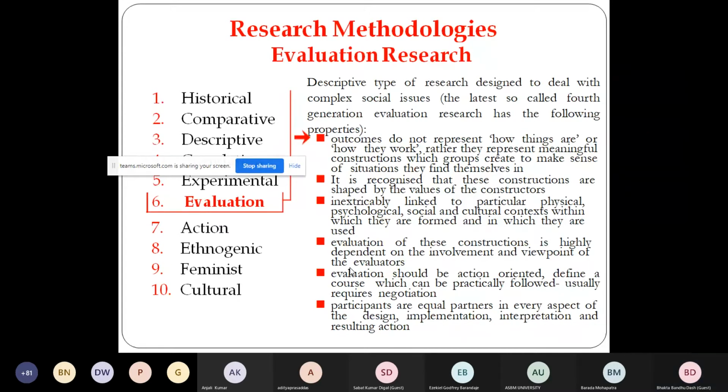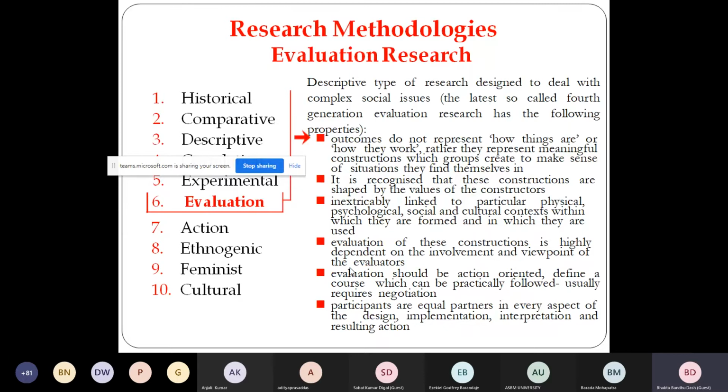I'll tell you, if you talk about a PR exercise you are undertaking, sometimes as a researcher, if you use your own mind without taking the participants into confidence and go on analyzing the issues, ultimately you lose the confidence of your respondent.